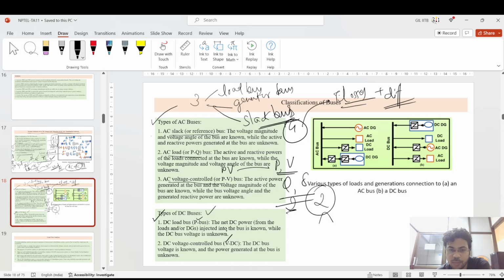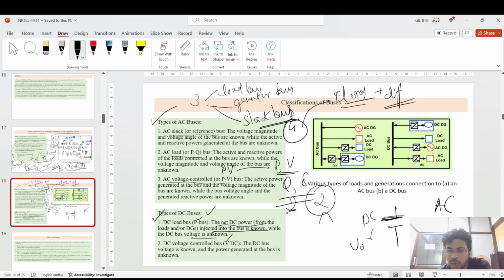And in the DC buses, you have two types: the P bus and the VDC bus. In the P bus, the net DC power generated from the loads or the DGs is injected into the bus, and the DC bus voltage is unknown.